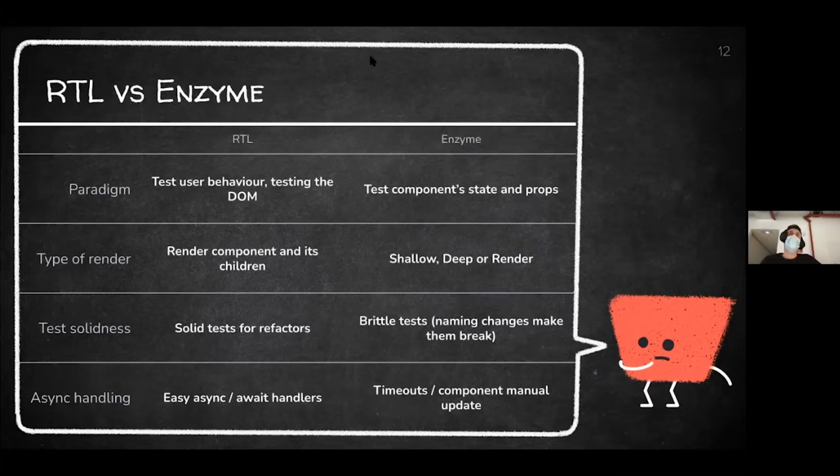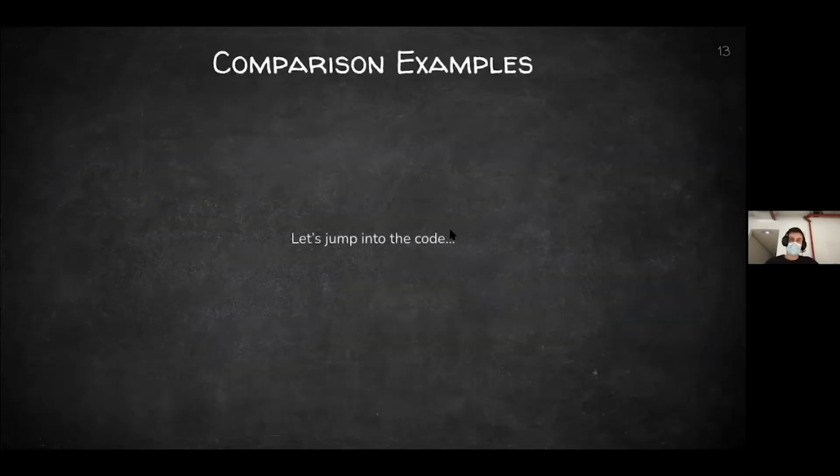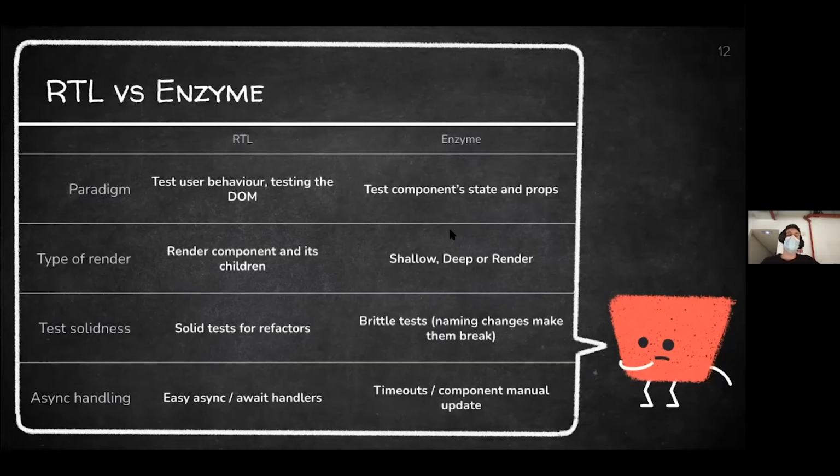You have a shallow and you have a mount. So you have different ways, right? Like rendering only my component and mocking every other component, its children, but not the dependencies. Or you can render everything, right?